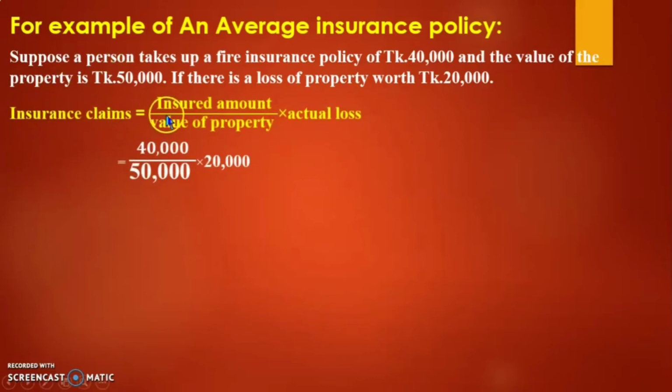Insurance claim equals insured amount divided by value of the property, into actual loss. Here, insured amount is taka 40,000, value of the property is taka 50,000 and actual loss is taka 20,000. By calculation, we find the amount of claim is taka 16,000.